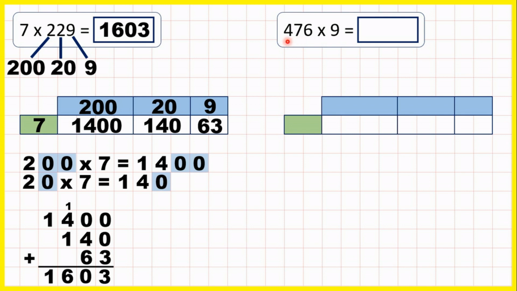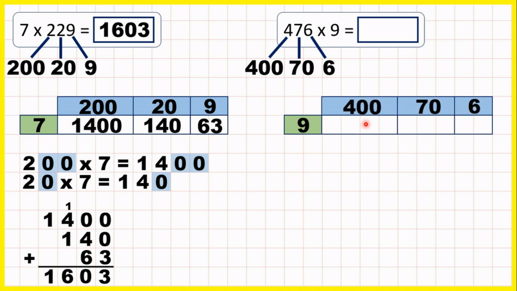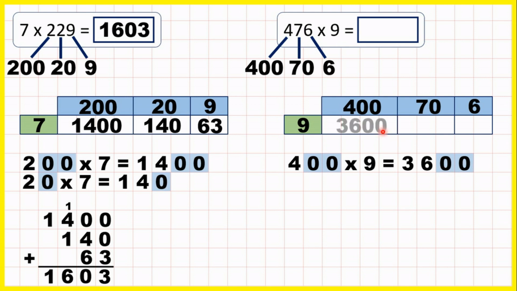And it's the same here. We can partition our 3-digit number into 400, 70, and 6. We write our single digit on the left, then our partitioned number on top. Here we have 400 times 9, so that's 3,600, because 4 times 9 is 36, but if we have 2 end zeros in the question, we need 2 end zeros in the answer, so that's 3,600.